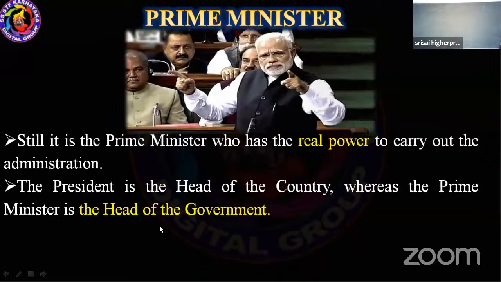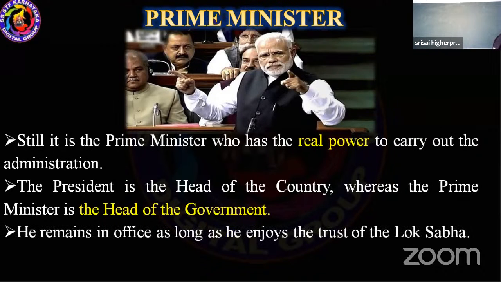Whatever policies they would like to bring into effect or implement in the country, they have to discuss that issue with the Prime Minister first, and later they have to form a policy plan to implement their ideas. Then they have to discuss with the Rajya Sabha and Lok Sabha, meaning the upper house and lower house, and they will take the signature from the President. Then they will implement that in the country.